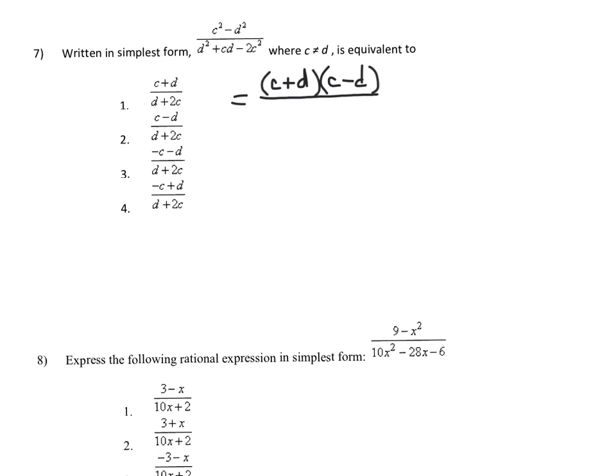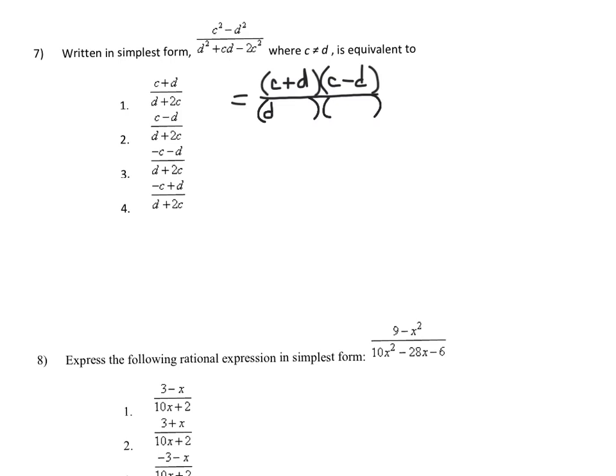All right, now, in order to factor the denominator, you can do it a couple different ways. To me, I just look at this. We see a d squared, same thing as 1d squared, right? So if we have a trinomial and the leading coefficient is 1, you can just set up 2 sets of parentheses.